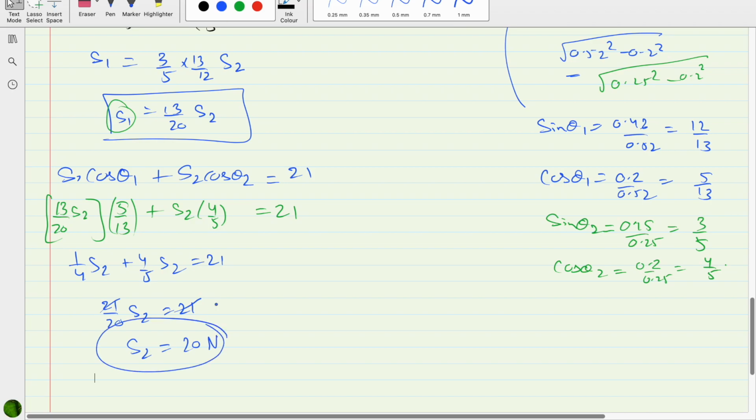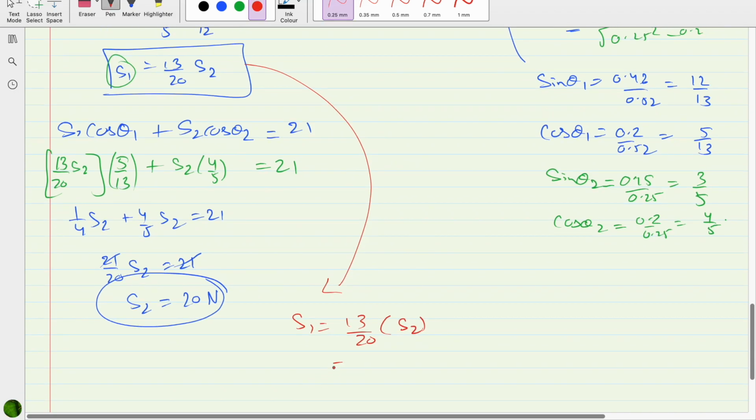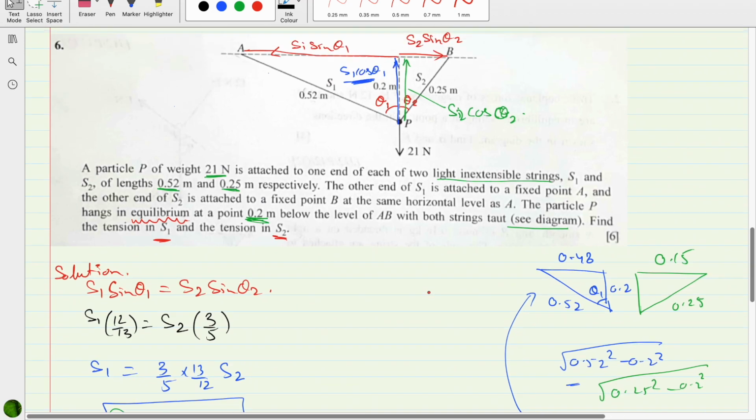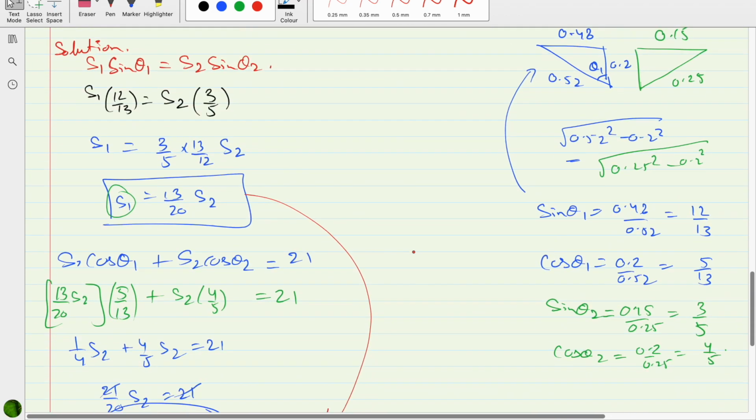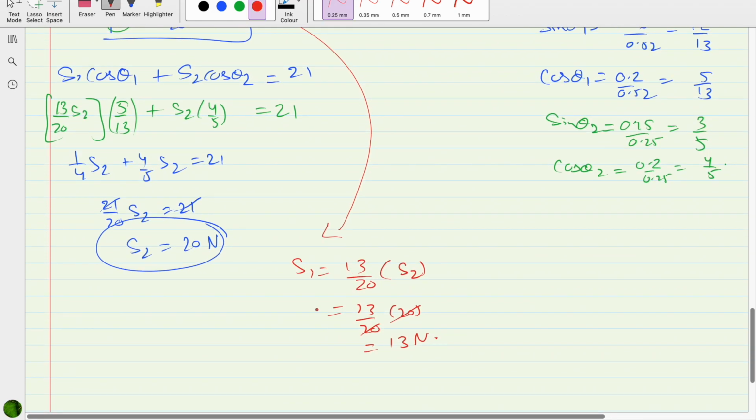S2 done. Now we can find S1. Bringing this equation down, S1 is equal to 13 by 20 of S2, where S2 is 20 newtons, and you get 13 newtons. The demand of the question was to find the tensions, and these are your answers for S1 and S2.